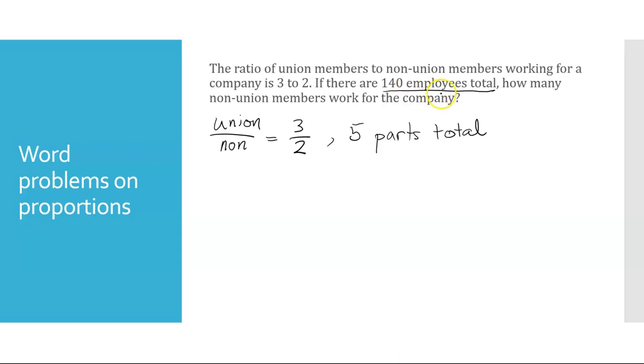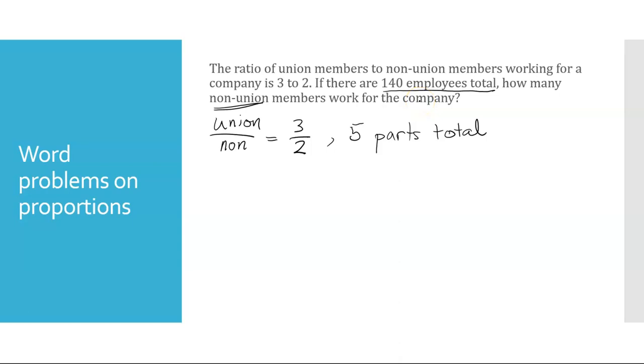Okay, there's 140 employees total. What we want to do is find how many non-union members work for the company. So the only piece of information we're given about the actual numbers of employees is this 140 employees total.